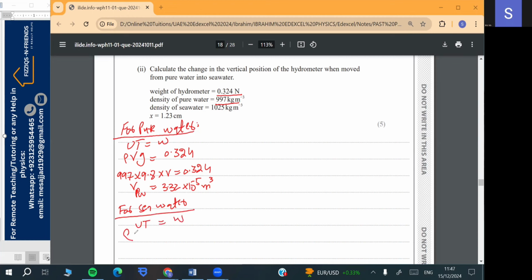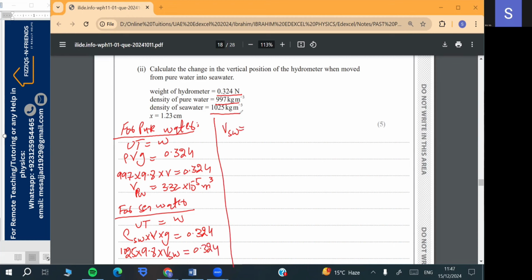Seawater density times volume times gravity equals 0.324, and the density of seawater is 1025, so 1025 times 9.8 times volume for seawater equals 0.324. For seawater volume, we get the value to be 3.23 times 10 raised to the power minus 5 cubic meters.